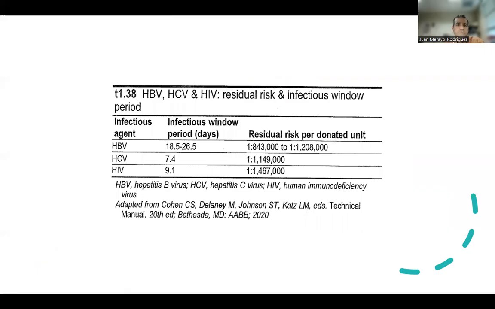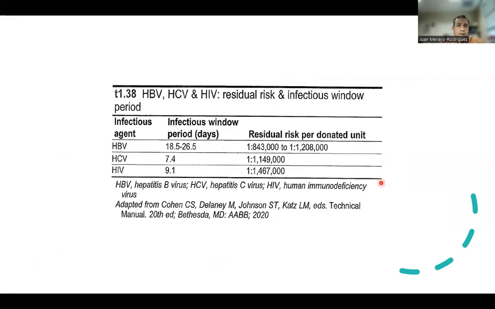Talking about residual risk and infectious window period for hepatitis and HIV, we can see that the window period is largest for hepatitis B, which makes it the highest residual risk per donated unit, from 1 in 850 to 1 in 1.2 million.